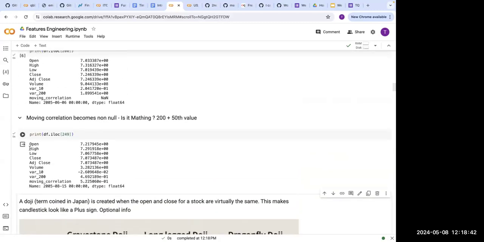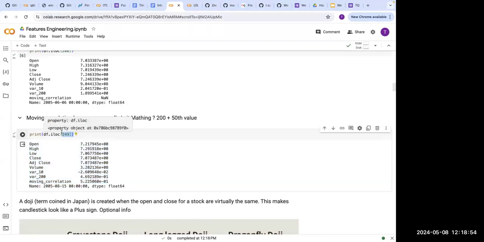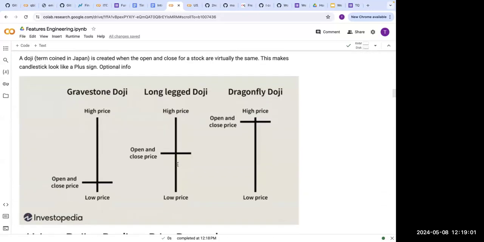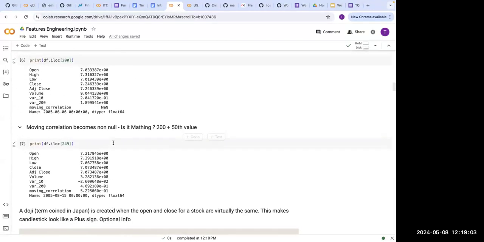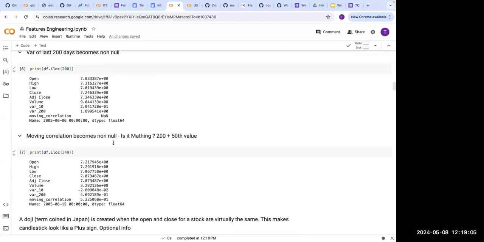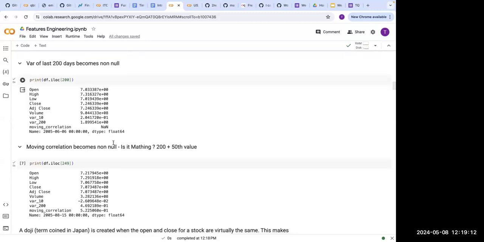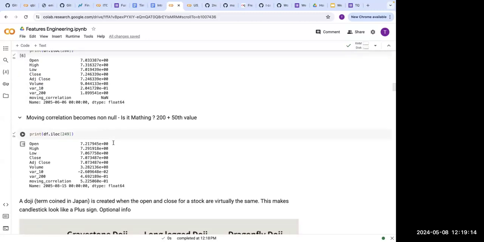So at this point you can see every column has a value, right? At index 249. And after this, everyone will have some value. So eventually we'll see rows like these. Okay. So that was about the three features that we added: variance of 10 days, variance of 200 days, and the moving correlation for a 50-day window.